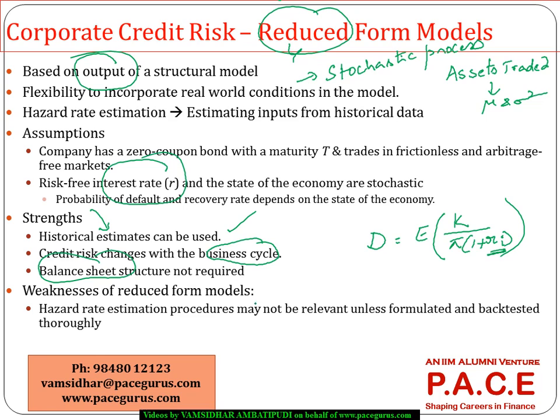But the biggest problem is that whatever hazard rate we are trying to form based on the historical data requires to be backtested, it requires to be formulated properly in order to use this for our real purposes. So thorough testing on the model has to happen if it has to be used in real world applications.